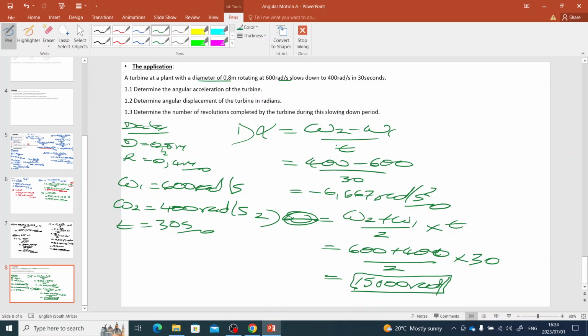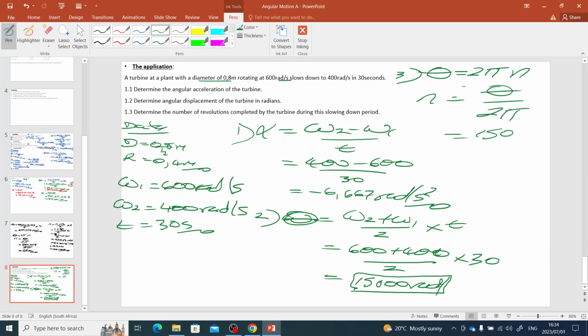Then question number 3: determine the number of revolutions completed by the turbine during the slowing down. Now the fact that we've calculated the angular displacement, which is 2 pi n, they want us to calculate n. It will be theta divided by 2 pi.